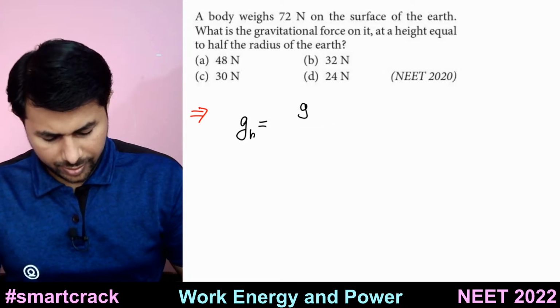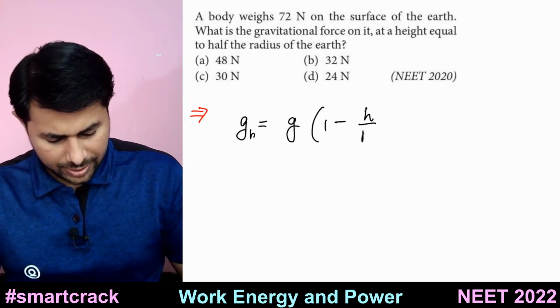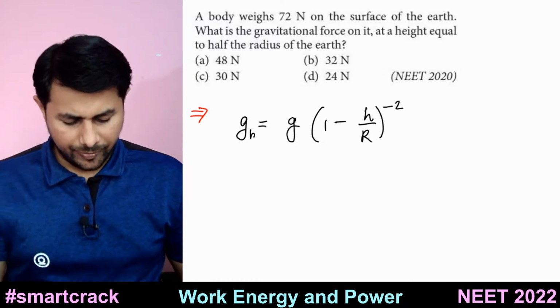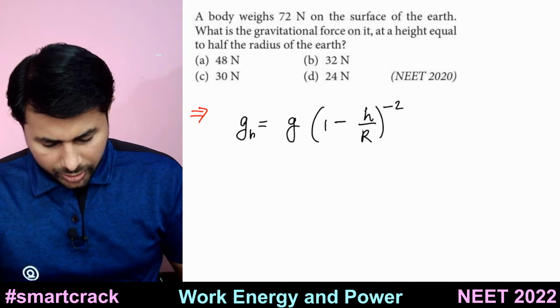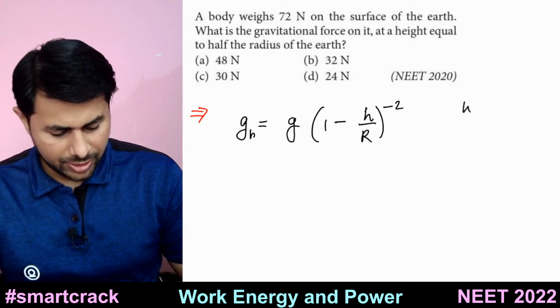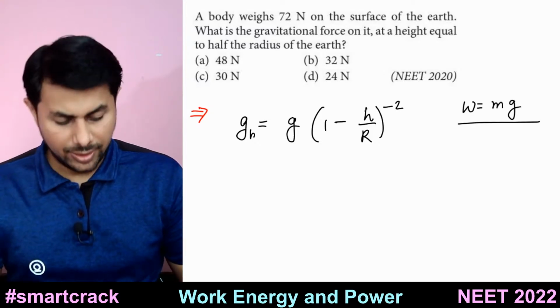g times (1 minus h by R) raised to minus 2, or we can take that in the denominator. So we want the gravitational force. The gravitational force or weight will be equal to m times g, right?